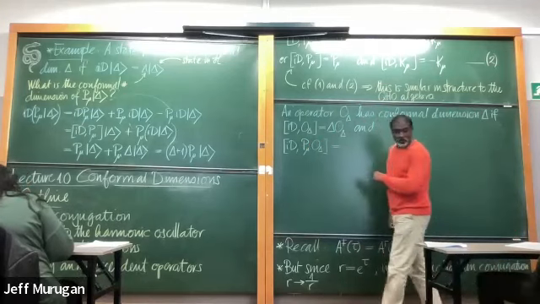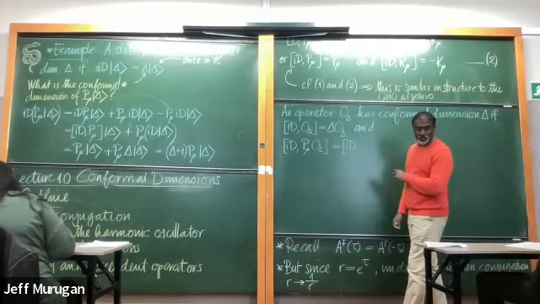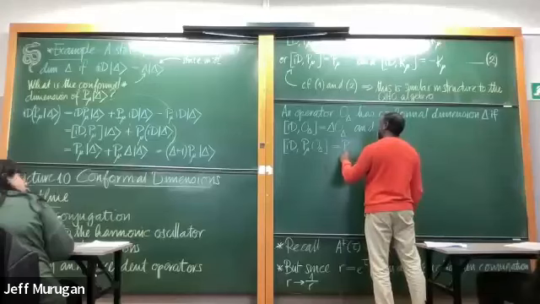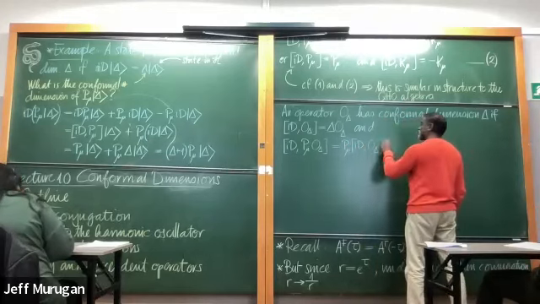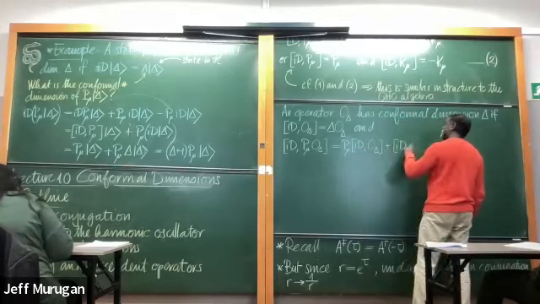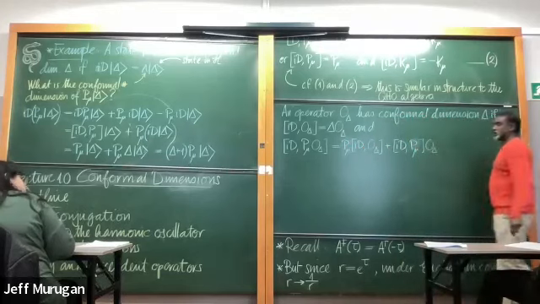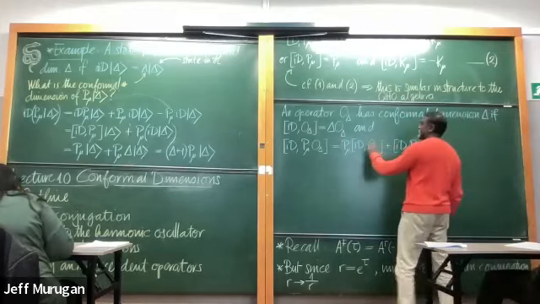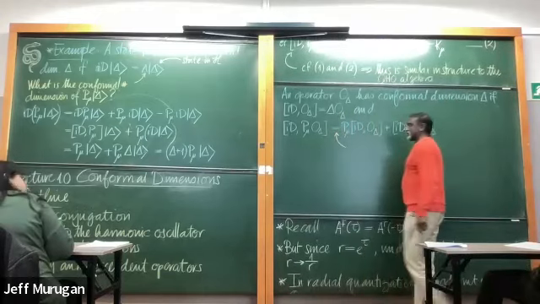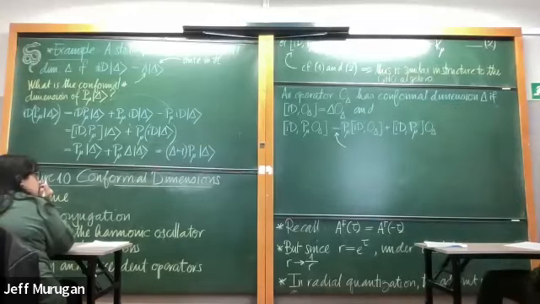This is just P mu ID commutator with O plus ID commutator with P mu O. This is because, as we learned in the differential geometry course, the commutator is a derivative, so it satisfies the Leibniz property of derivatives.